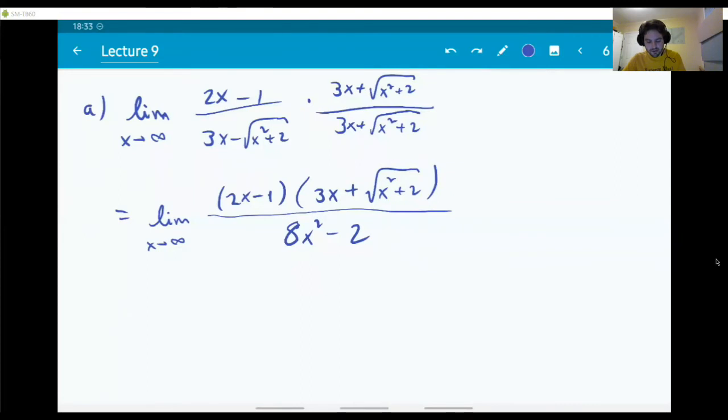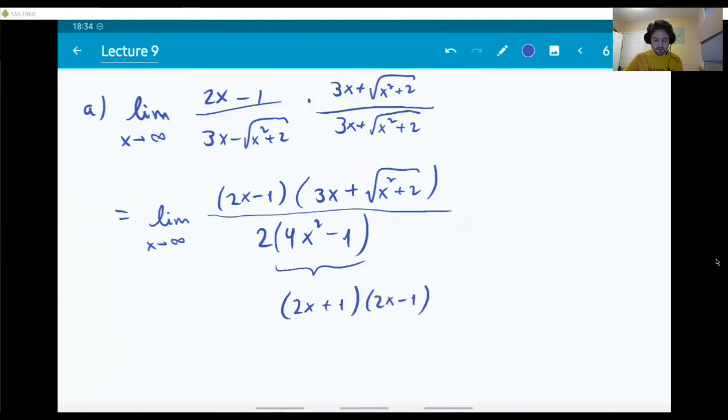The first thing that you can try is factor this number 2. Let me do that. And what is 4x squared minus 1? This is a difference of squares. This is 2x plus 1 times 2x minus 1. So there you find it. The 2x minus 1 was hidden in that term. We're going to cancel that.